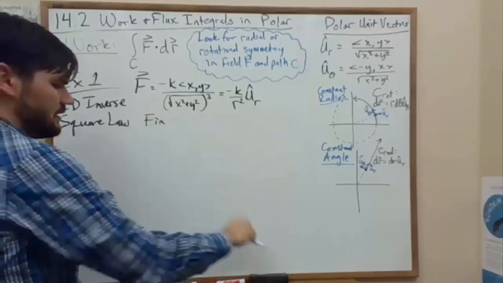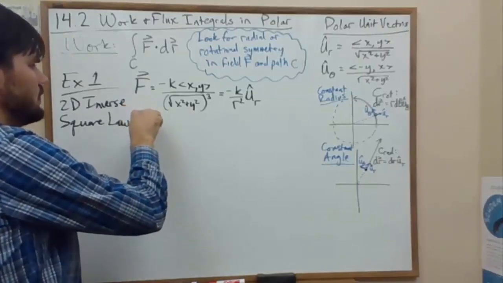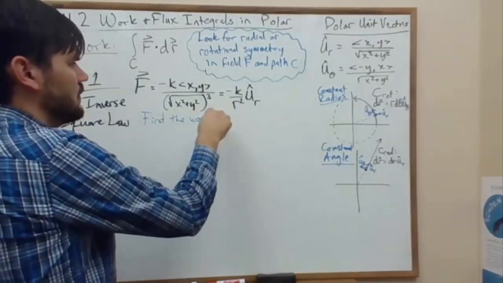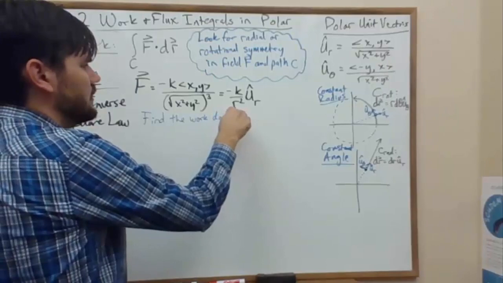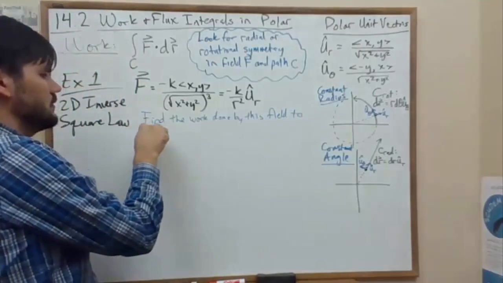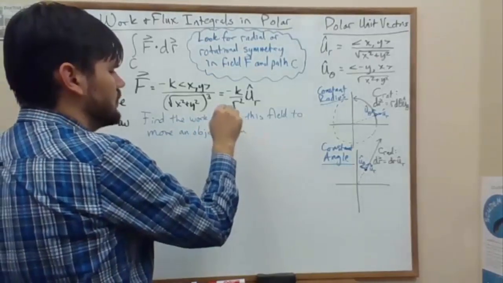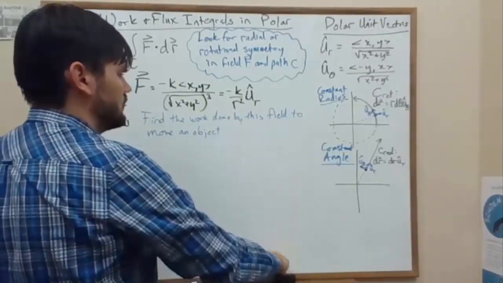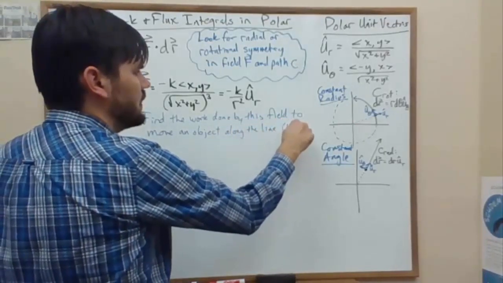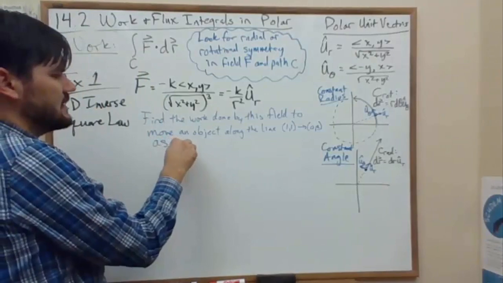We want to find, I'll use a different color here, the work done by this field to move an object along the line from (1, 1) to (a, a) as a increases.